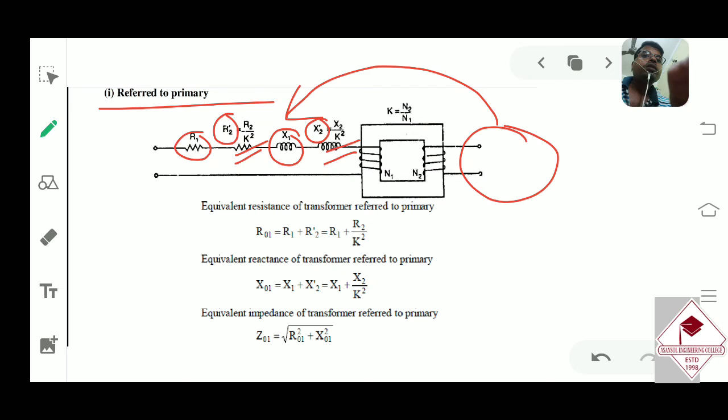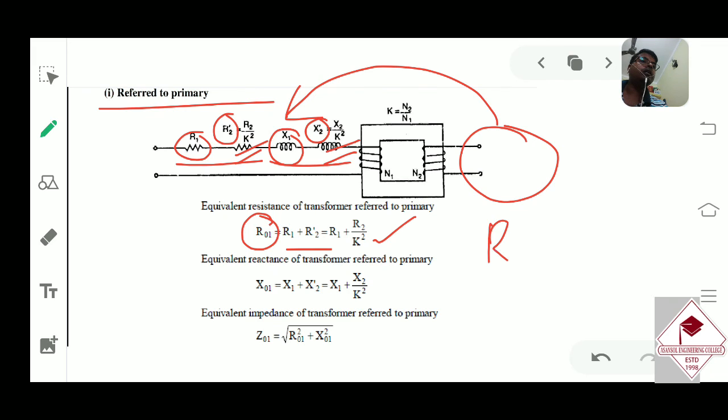So now these two resistances we can add, these two inductances we can add. The total primary winding resistance, the total resistance of the transformer, will be R1 plus R2 dash, which is equal to R1 plus R2 by k square. This is called R01, if you are transferring everything to the primary side.